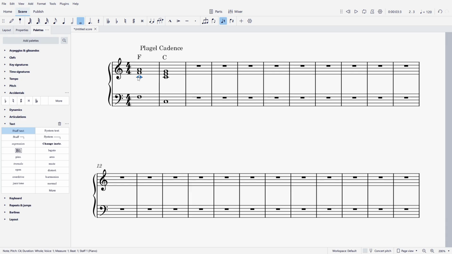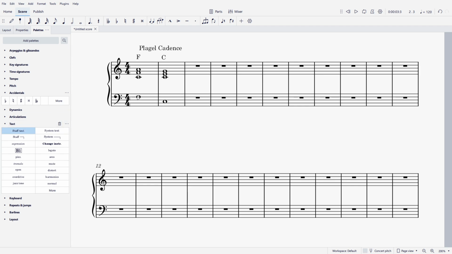Just a little less satisfying, but also what makes it less satisfying is the fact that we don't have a leading tone. The missing leading tone makes it a little less satisfying. And hold on, I'm gonna actually make a whole tips list.